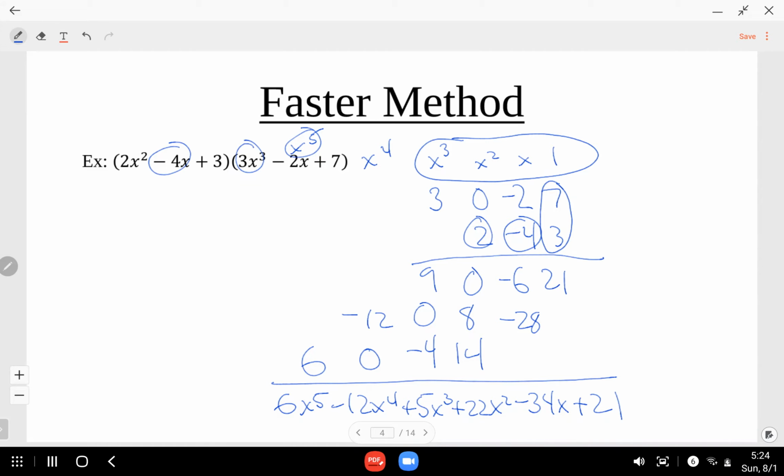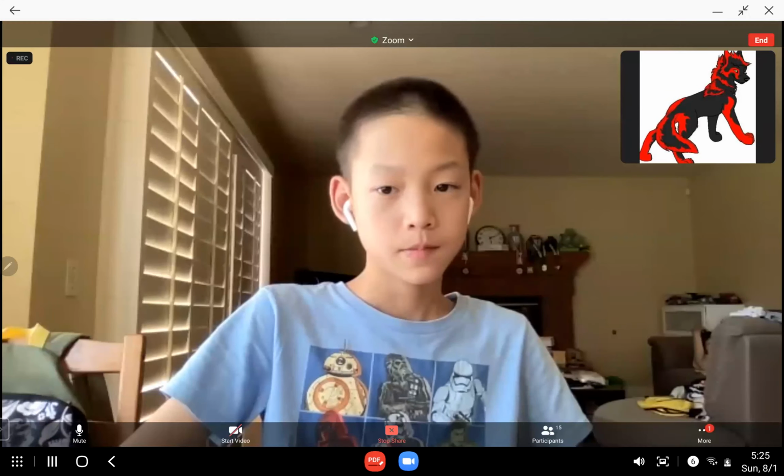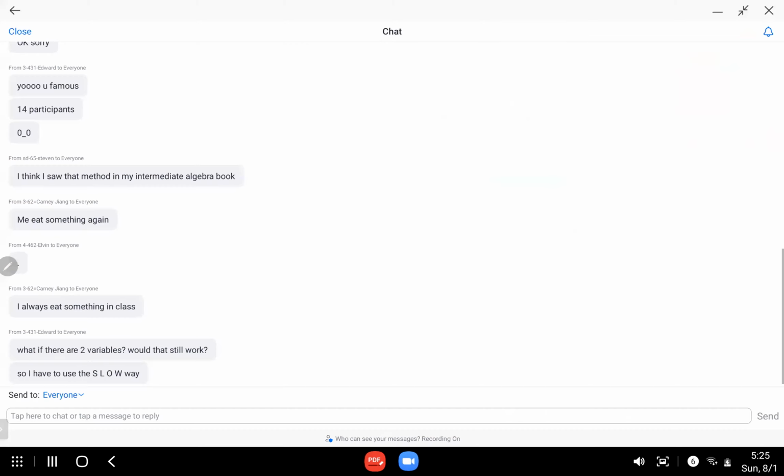But if you have 2 variables, then you could have x to the 3rd, y to the 3rd, x to the second, y to the second, and that kind of messes up the order of it all. I've never actually wondered about whether it could do two variables or not. I don't know, actually, but I don't think that would work.